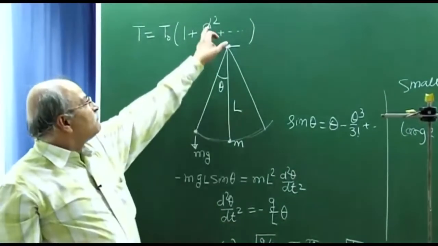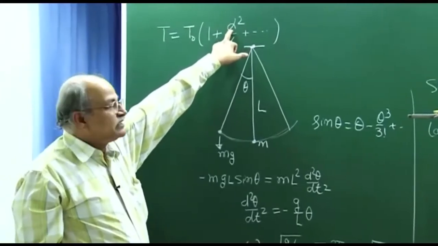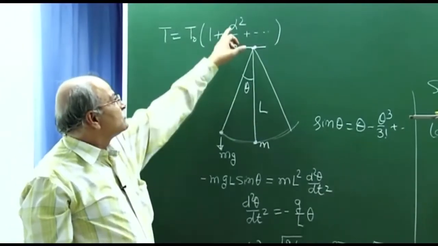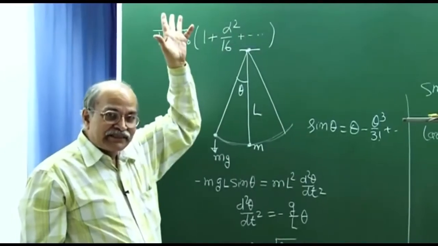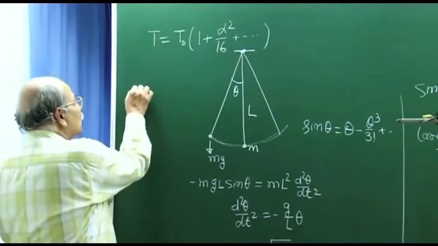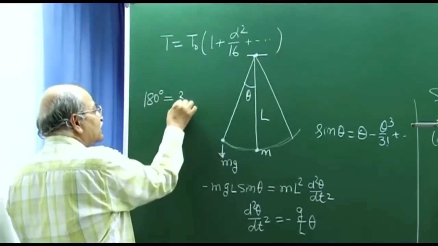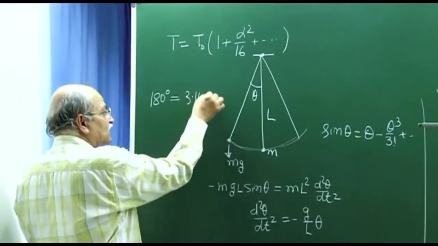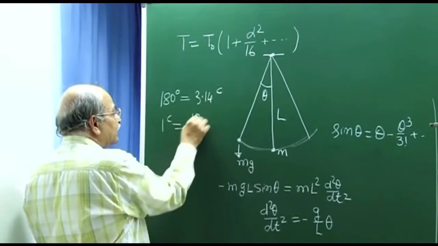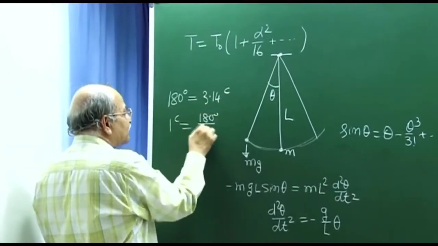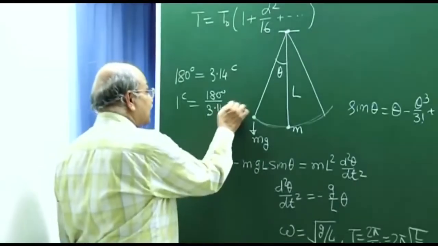So, if you take alpha equal to 1, and what is that alpha? Alpha is the amplitude, this amplitude. So, alpha is 1 radian, and 180 degrees is pi radian. So, if you take pi as 3.14, 1 radian means 180 degrees divided by 3.14, something like 57 degrees.